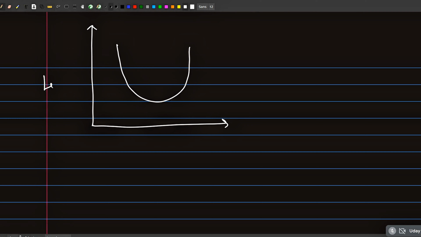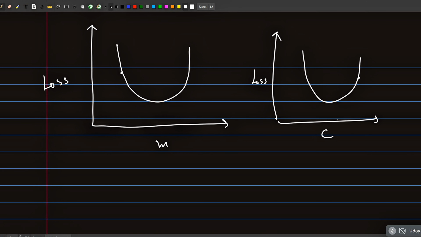So this was loss, this was M, right? So we were here and this was loss, and this was C. In that case, we were here. Here you can see that the slope is high negative, and we want our M to increase.